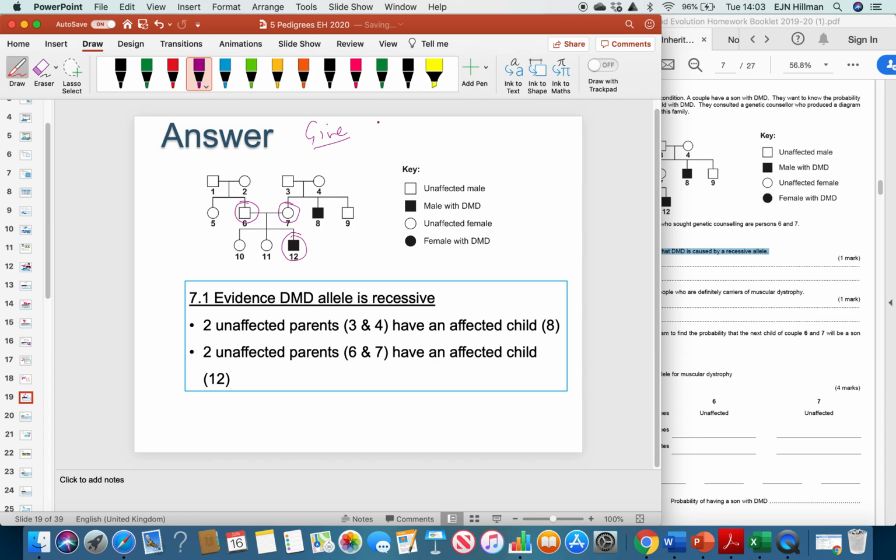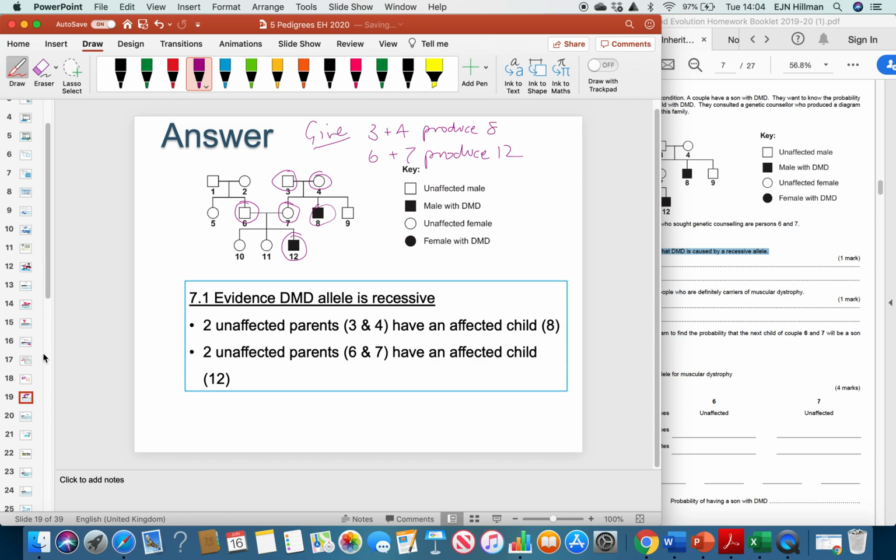So the response to this could be either 3 and 4 produce 8, or you could say 6 and 7 produce 12. Both of those are fine, and they both earn you the 1 mark. Good. So that's that first part.